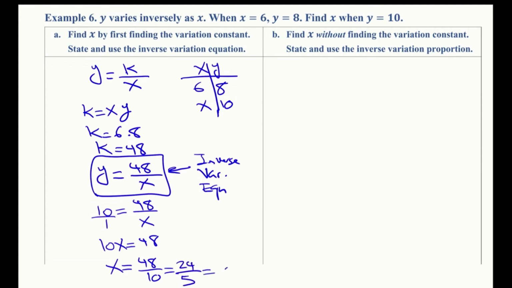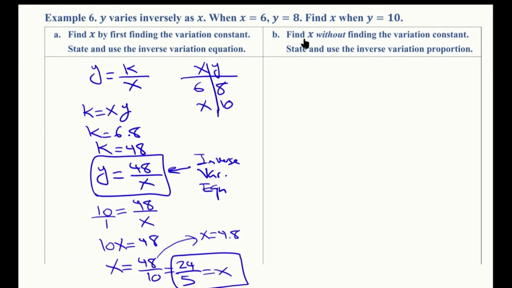So x is 24 over 5 when y is 10. Notice you can also say 4.8. Either one is fine. Usually when you use systems like MyMathLab, they'll specify what kind of answer they want, so just pay attention to that.